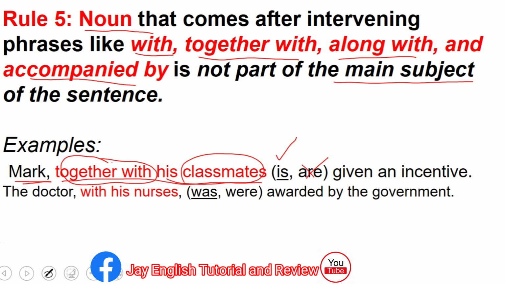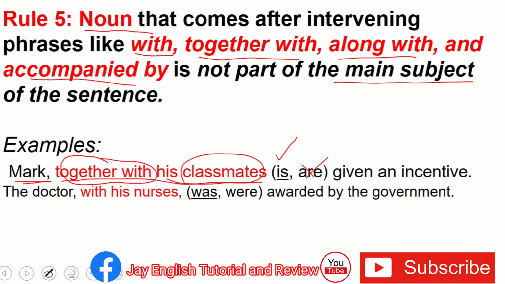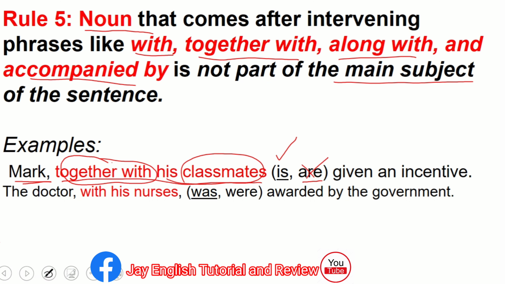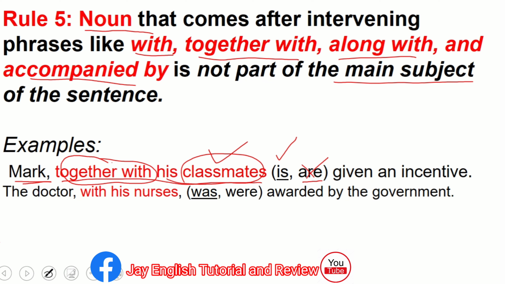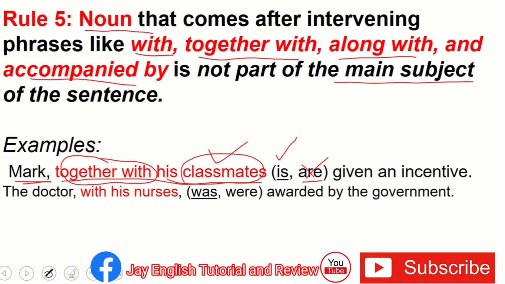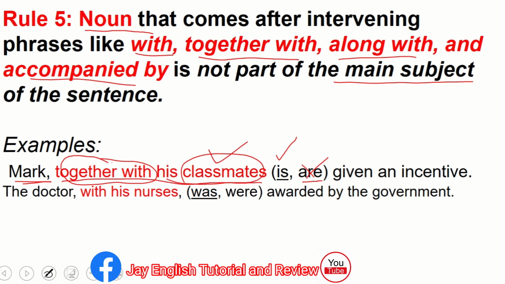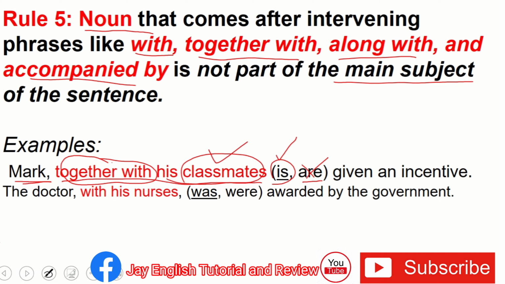But then again, if you are not familiar with the rule, you might think of "are" as your answer because of the word classmates for sure. But once you are familiar with the rule, then it would be easier for you to say that the answer is not "are". Okay?